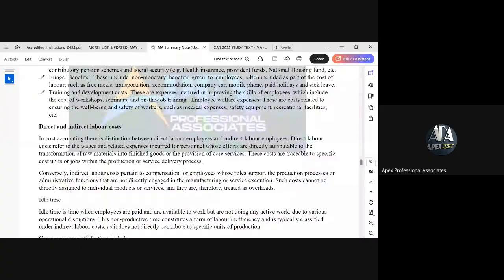By the time you are trying to calculate the cost of that item, in management accounting, there are certain things that must be calculated when you are calculating the cost of labor.